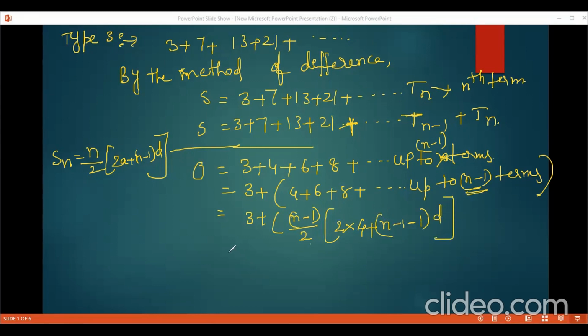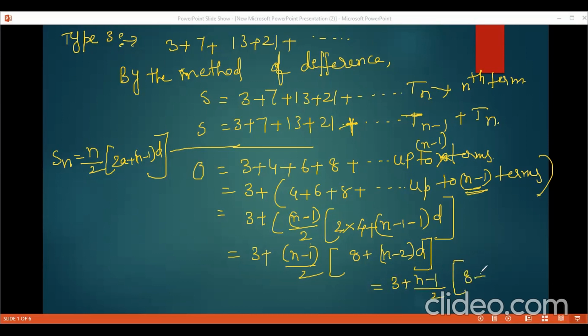Now what do we get? 3 plus n minus 1 by 2 into 2 fours are 8, 8 plus n minus 2 times d. Finally, we are getting 3 plus n minus 1 by 2 into 8 plus n minus 2 into d.